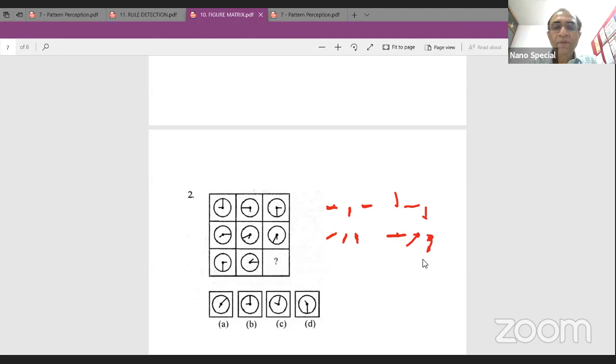Okay. Now in this particular case, the hour hand position is here. Then here. All right. And the minute hand is here and here.